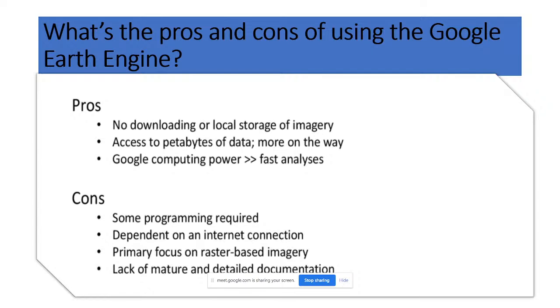It is primarily focused on raster-based imagery. It has some lack of mature and detailed documentation, but in this training program, I will provide you all of the documentation and material you need. I hope that after completing the total 7 days online training program, you are able to do any type of remote sensing analysis very quickly and efficiently using the Google Earth Engine platform.